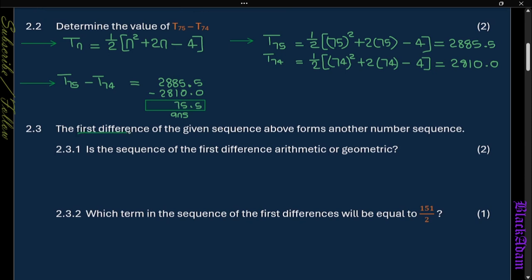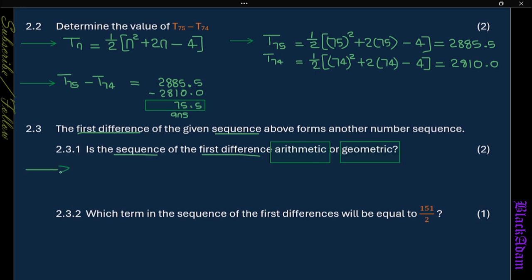And then we move on to 2.3. The difference of the sequence. Is the sequence arithmetic or geometric? We might also give a reason. So that's going to be arithmetic, and the reason would be the common difference is 1. It's T2 minus T1.